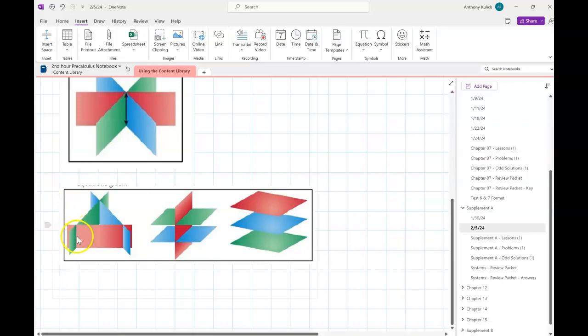Anything here would be true for the red plane and the green plane, but wouldn't satisfy the blue plane, right? Same thing here. Anything on this line would satisfy the red plane and the green plane, but not the blue plane. And on this one, anything that satisfies the red plane doesn't satisfy any of the other ones, and vice versa.